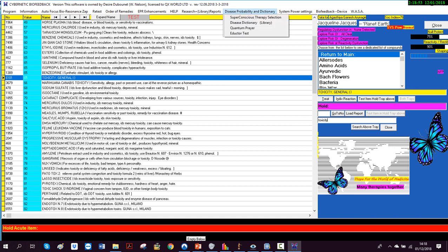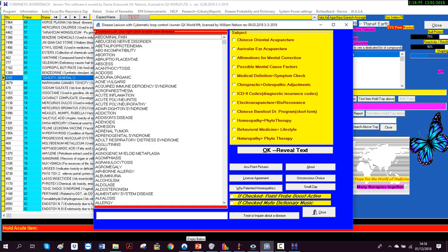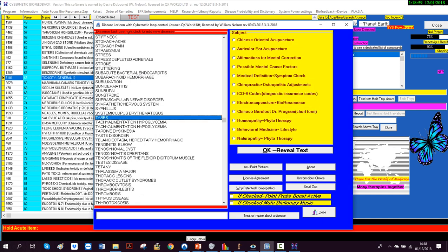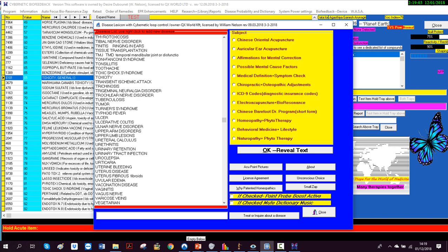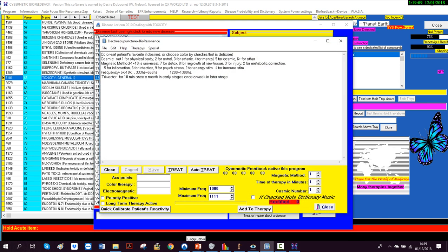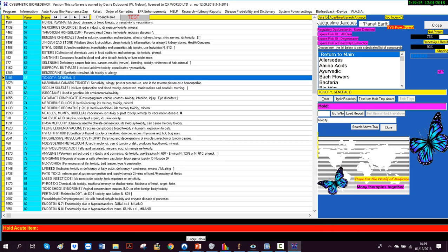Then we have our module here where we can look at toxicity again, and we could help to do some detox with this program. We will tell you more about this program a little bit later.